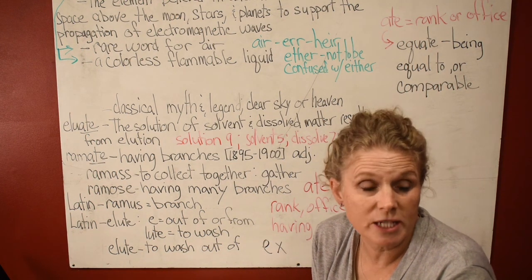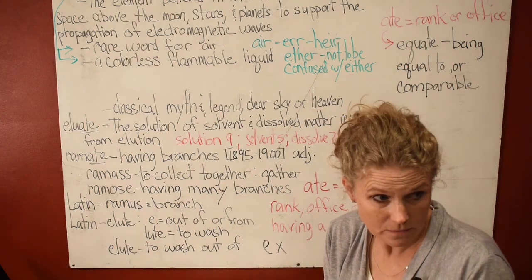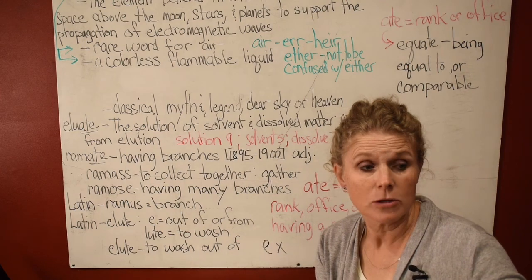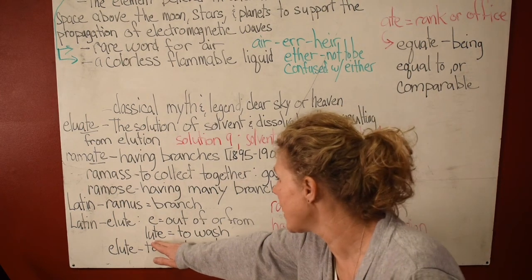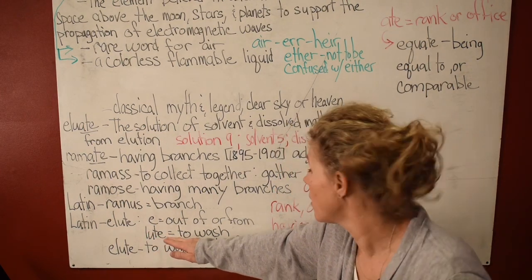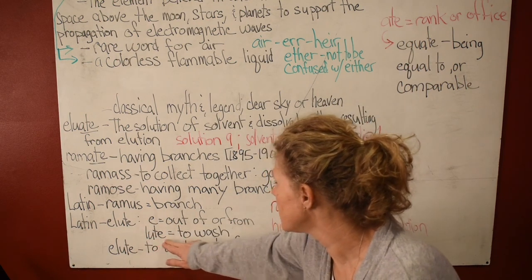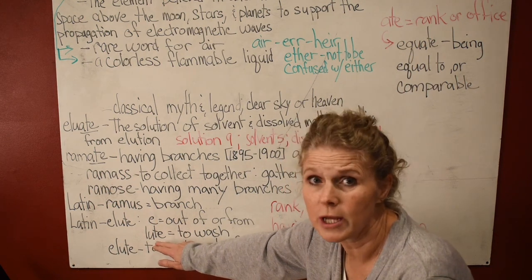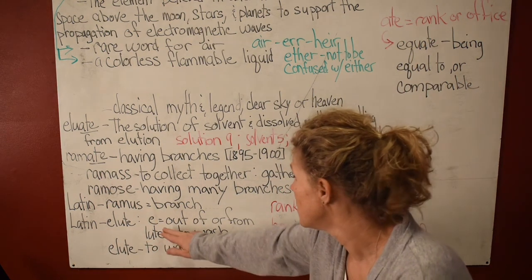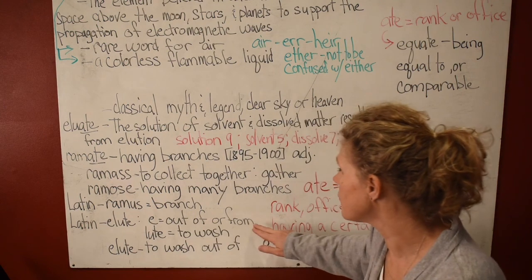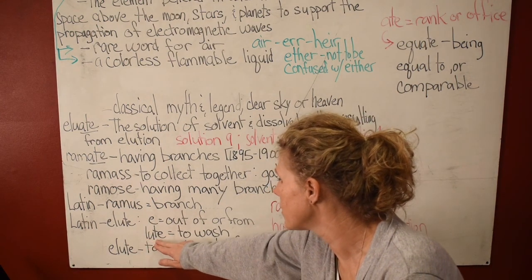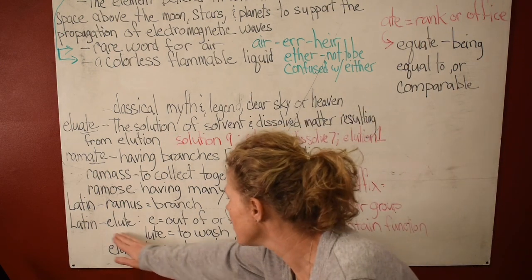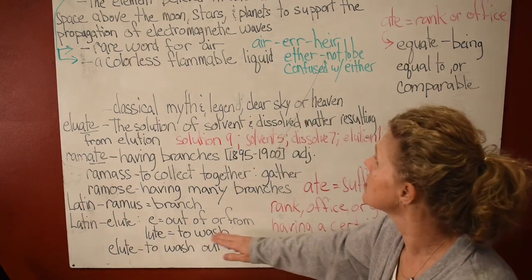That's L-O-O-T, and that is a homophone. So that's exactly what I'm saying. Make sure you have the right loot. Thank you, Paul, so that you're not getting confused. You need to have the correct definition of the actual Latin root and not something else. So we have out of or from, and then the Latin root part is to wash. So when you put these together, it means to wash out of.